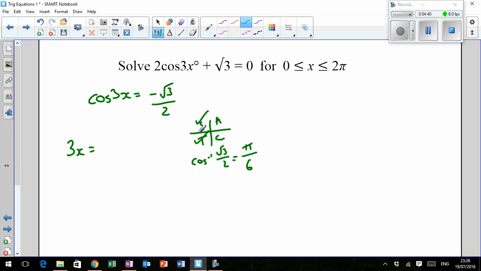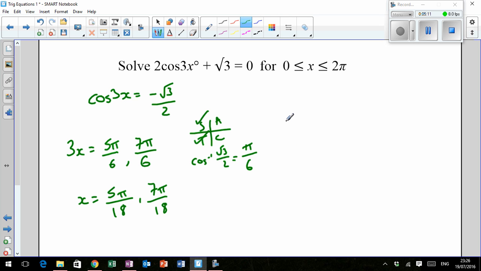It's going to be pi over 6 back from pi, which is 5 pi over 6. If you've got a whole and you take away a 6, you've got 5 sixths left. The same in that third quadrant is pi over 6 on the pi, so it's 7 pi over 6. This is 3x, so to get x, we divide by 3, so you have an extra factor of 3 on the bottom. So it's 5 pi over 18, and then 7 pi over 18.